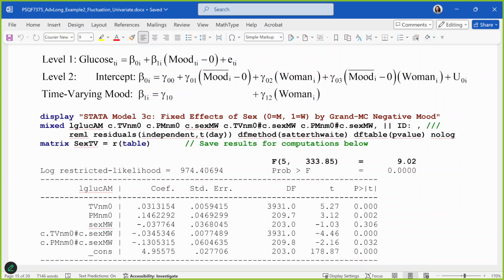Remember how to get to between from contextual? Yep, within, between minus within equals context.